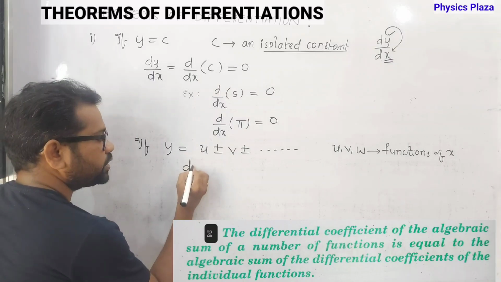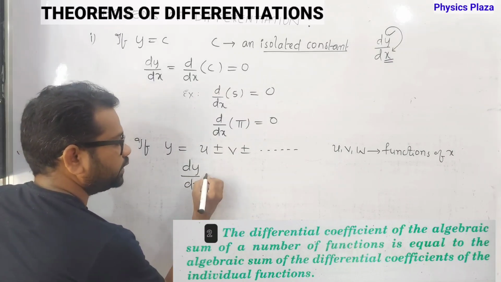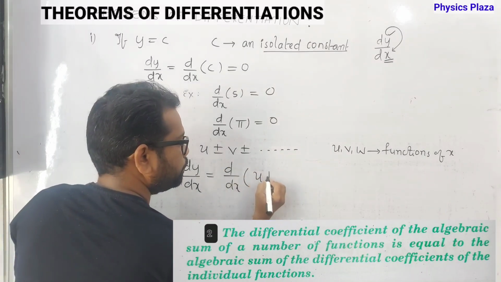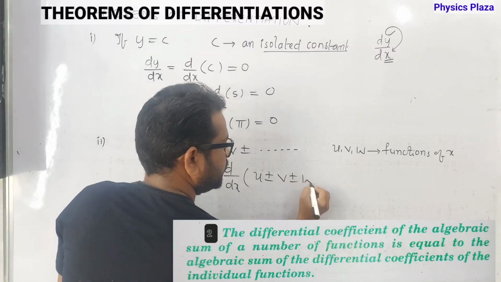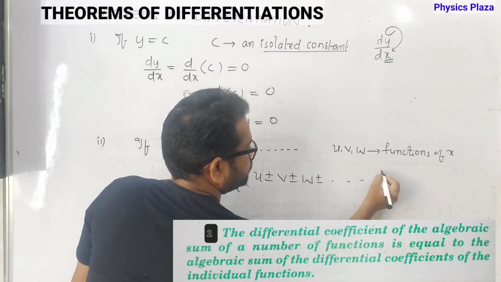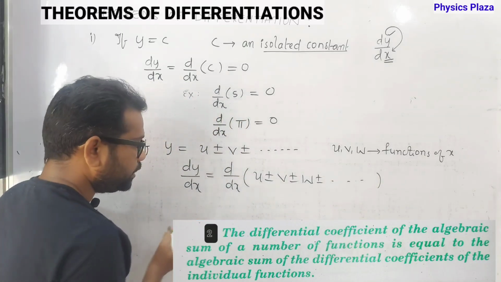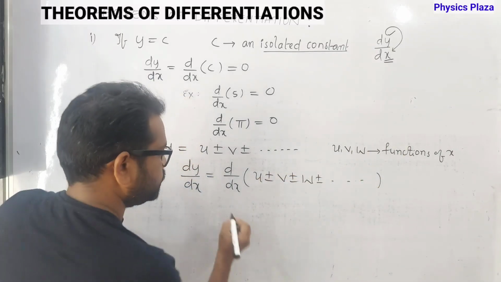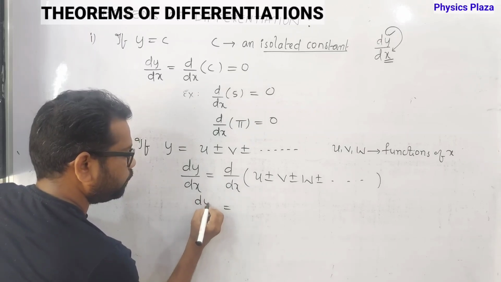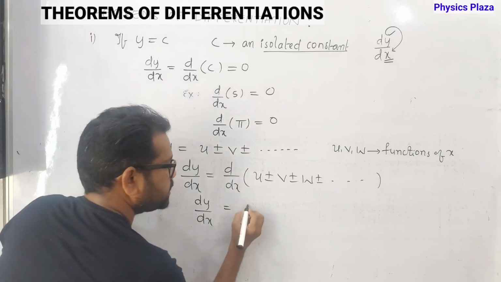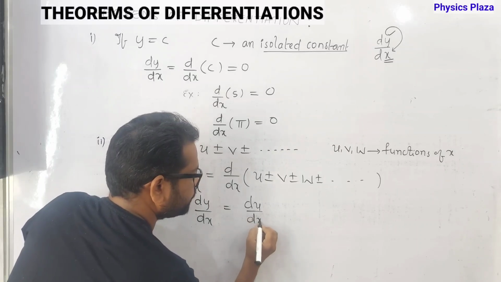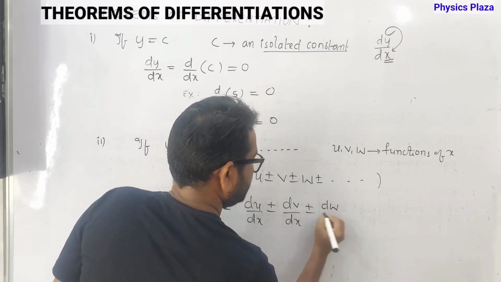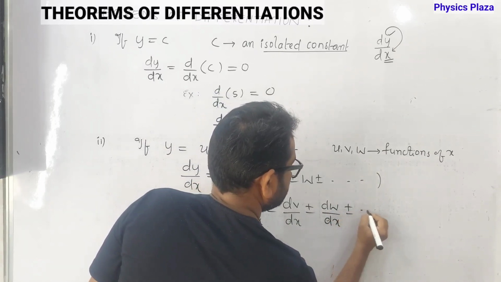The differential coefficient dy by dx can be written as d by dx of u plus or minus v plus or minus w plus or minus and so on. You can apply this d by dx to each and every variable, which is a function of x. So dy by dx can be written as du by dx plus or minus dv by dx plus or minus dw by dx, and so on.